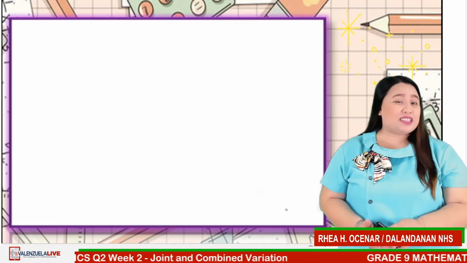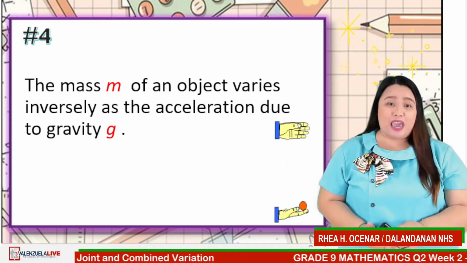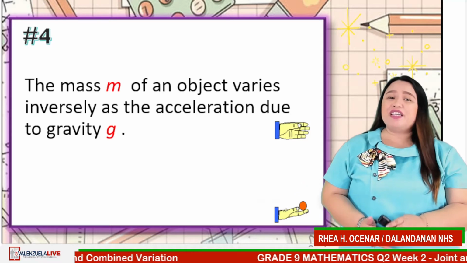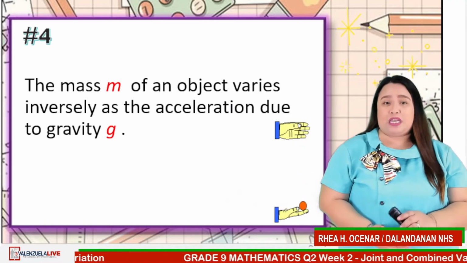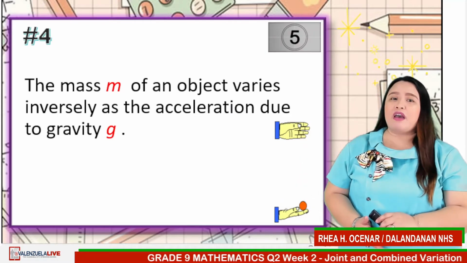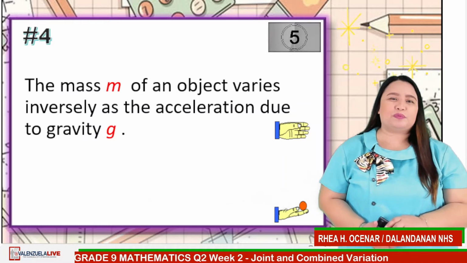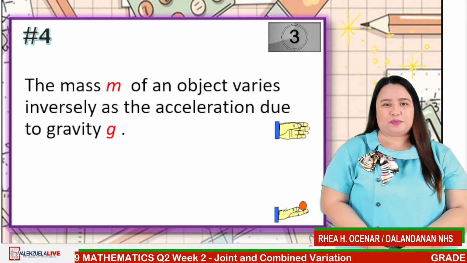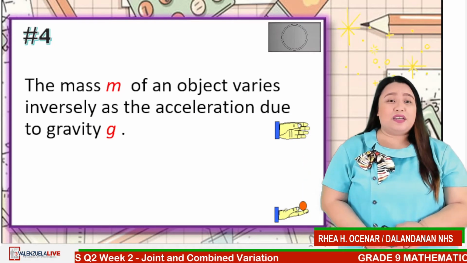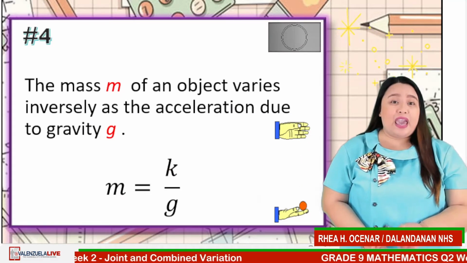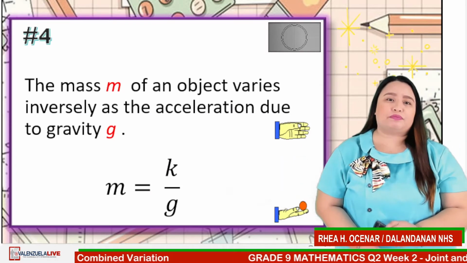Let's continue on statement number 4. The mass m of an object varies inversely as the acceleration due to gravity g. 5 seconds to answer. Go. The correct answer is M is equal to K over G.